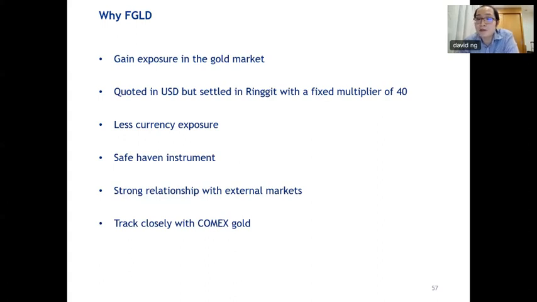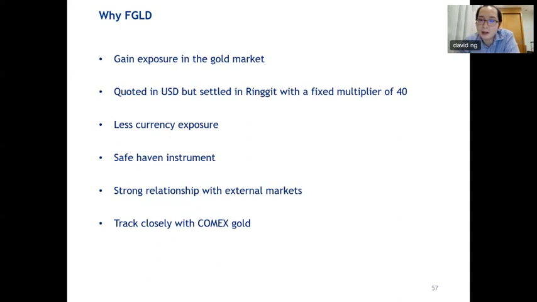There are a lot of ways for you to get your exposure to the gold market. You can obviously go into the physical market and buy gold bars and whatnot, but those are quite tedious. In the futures market it is very easy.